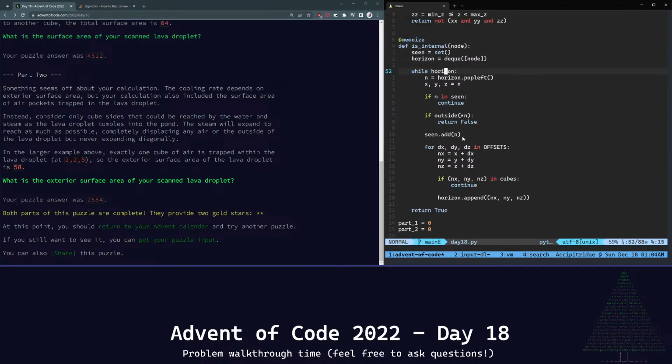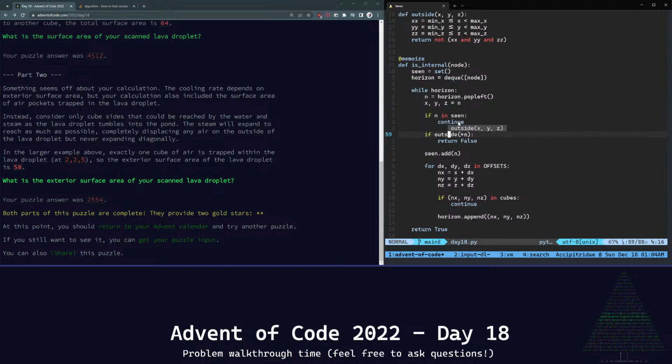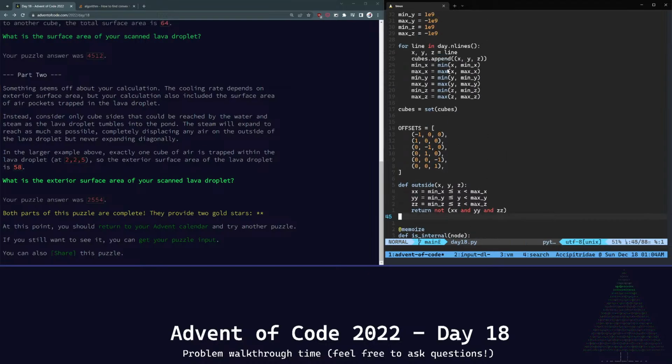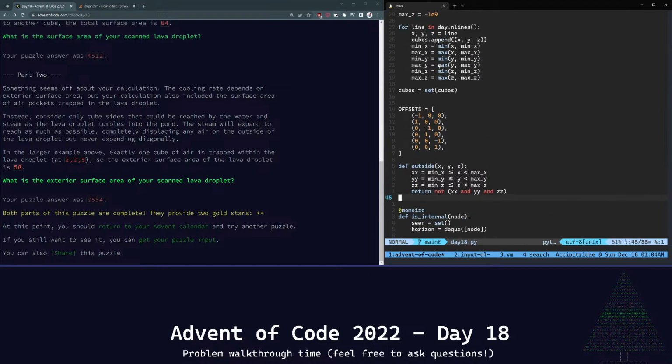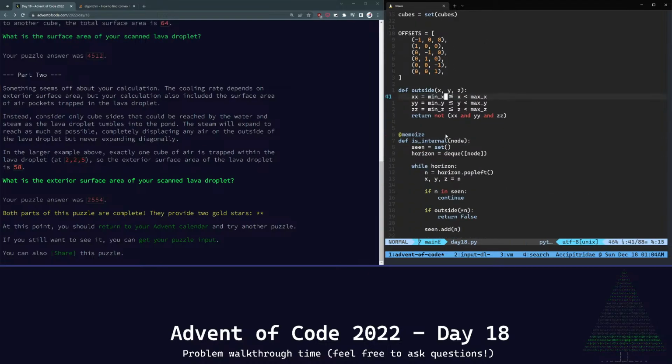So we'd write this. There might be a better way to do it, but I'm just comfortable with writing a BFS. This is a very straightforward BFS where we start at a given XYZ, and we basically search. If we've seen it, we continue. If we get outside, this is how we make sure we don't actually search into infinity. When we're reading the input, keep track of the bounds, the smallest and the greatest x.